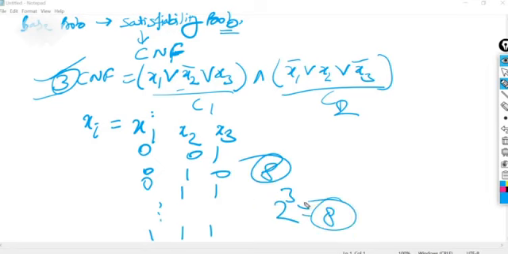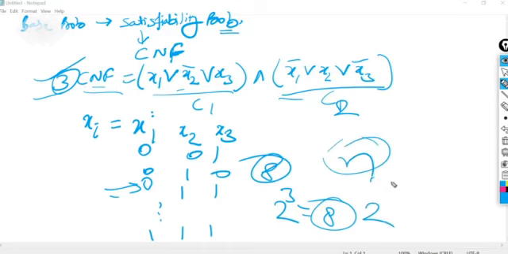From these we can find whether any one of the solutions gives the right answer, that is, for which particular condition this statement gives the true answer. That we have to find out. So how many solutions exist here? 2 raised to power 3. If we have n variables in the CNF, how much time will it take? It takes 2 raised to power n, which is an exponential time problem.